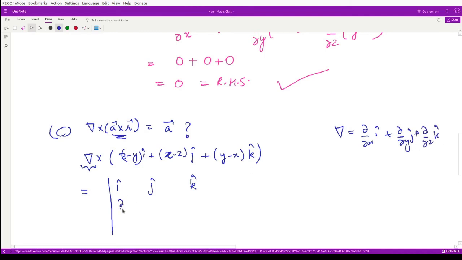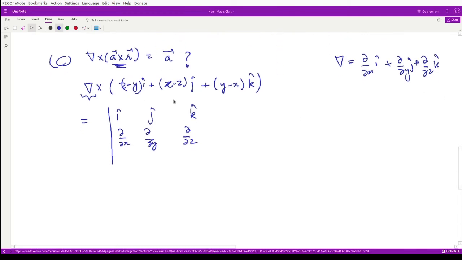So its components are del by del x, del by del y and del by del z. And then the components of second vector, they are z minus y, x minus z, and y minus x.